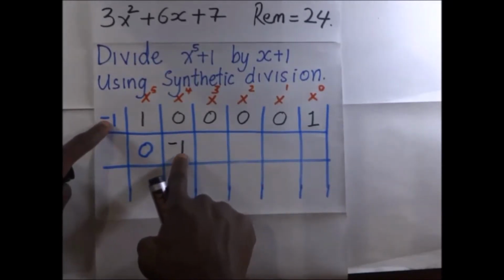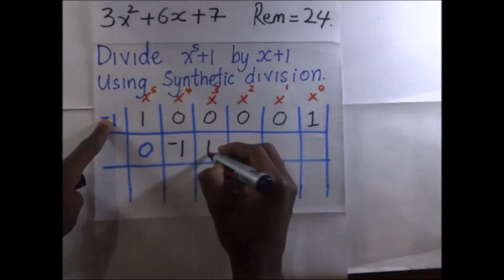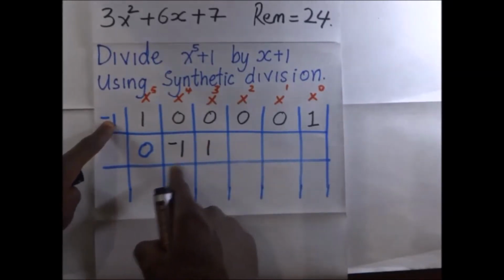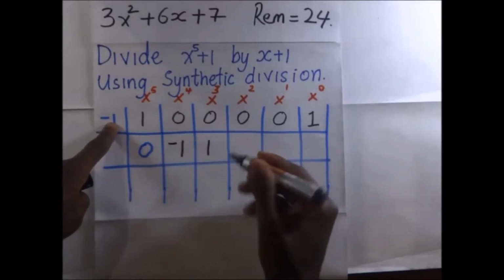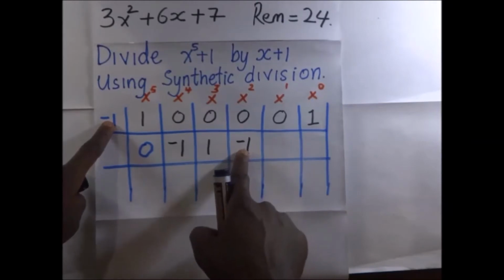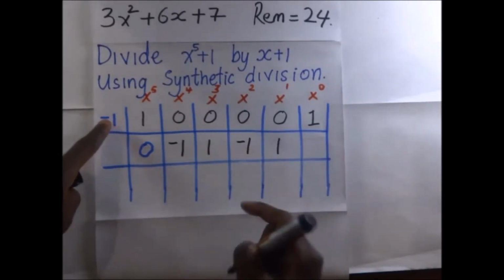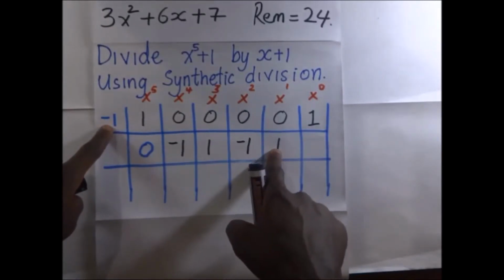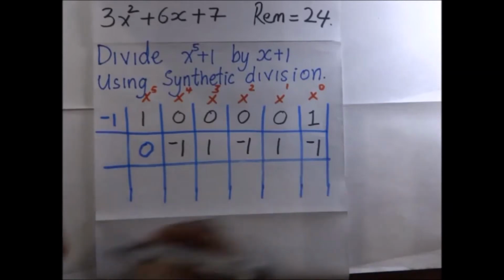Negative 1 times negative 1 plus negative 1 times 0 is giving us 1. Negative 1 times 1 plus negative 1 times 0 is going to give us negative 1. Negative 1 times negative 1 plus negative 1 times 0 is going to give us positive 1. Negative 1 times 1 plus negative 1 times 0 is going to give us negative 1.